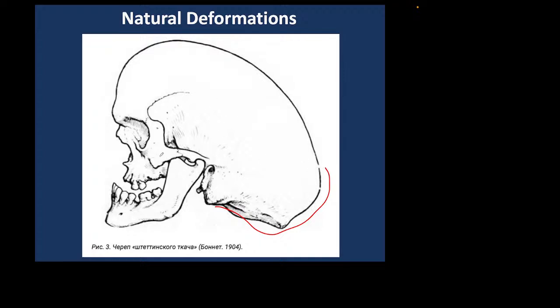So it means that this man could not look at the sky, because the posterior part of the skull didn't allow him to look up.